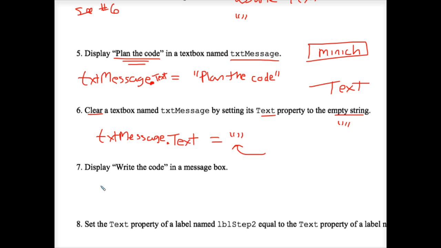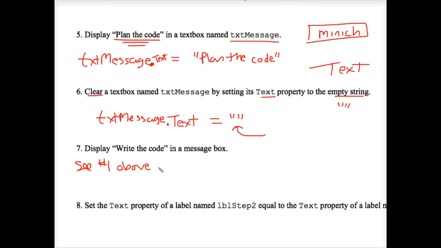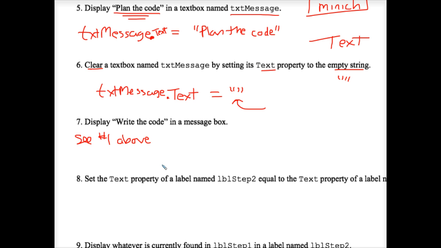Okay, number 7. That's just like number 1. See number 1 up above. Only instead of hello world, put write the code in there. And number 8, set. Okay, we had a problem yesterday that was number 10.